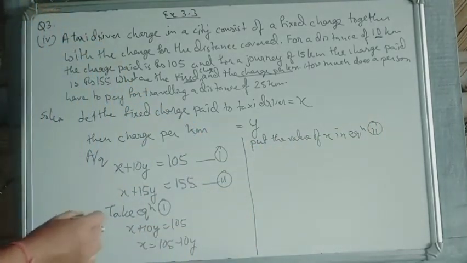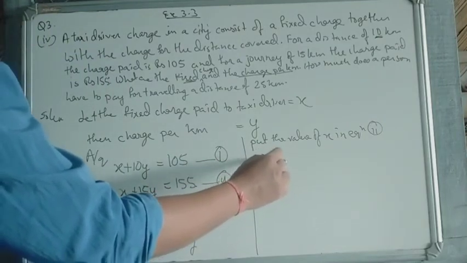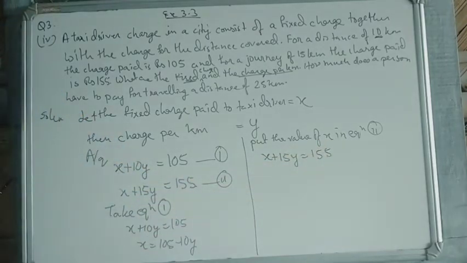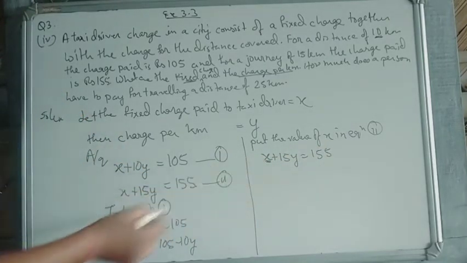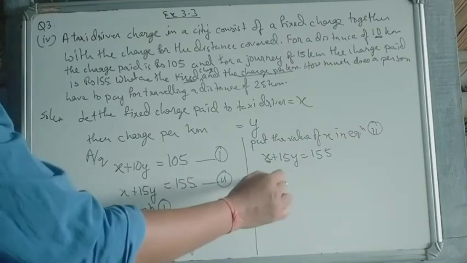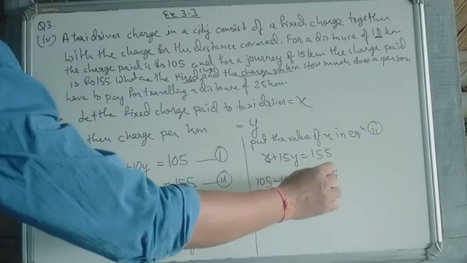Equation 2 is x plus 15y equal to 155. Now x is 105 minus 10y, so 105 minus 10y plus 15y is equal to 155.